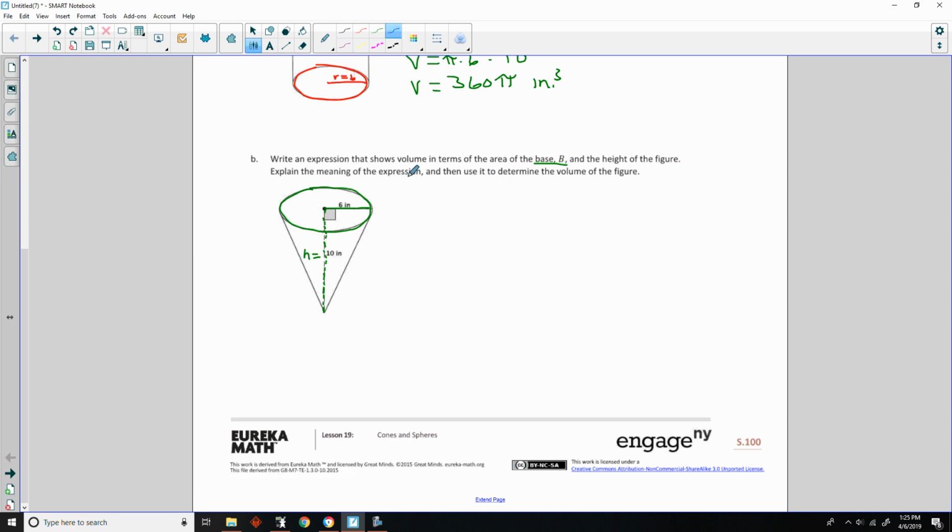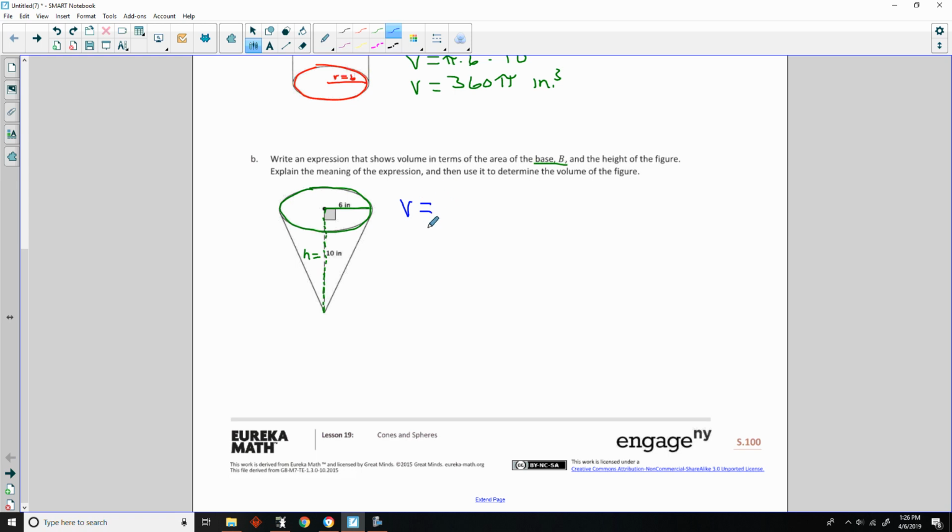Explain the meaning of the expression and then use it to determine the volume of the figure. Okay, so volume equals, and the volume of a cylinder is pi r squared times height. But the volume of a cone, we're cutting off 2/3 of it. So if you were to see this as a cylinder, this is 1/3, this is 1/3, so it's 2/3, and the part that's left over is 1/3, and that was shown in prior lessons, probably last year or earlier this year.